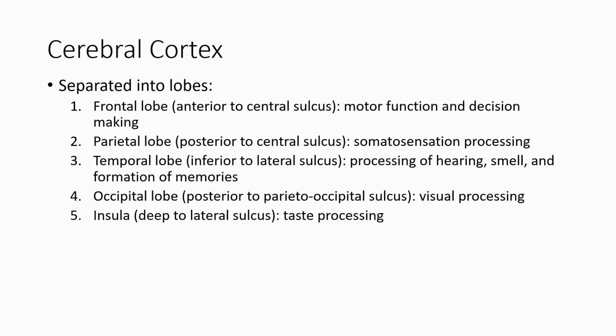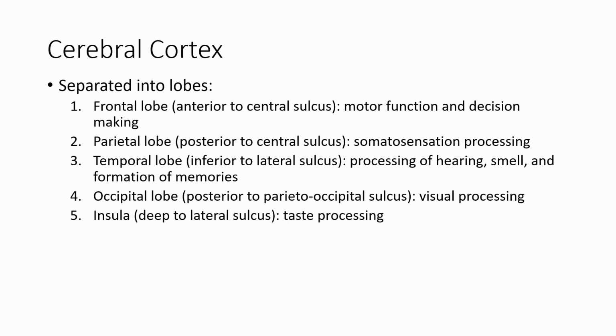All right, now I mentioned it just previously in this video, but we're going to talk about it again because I didn't really talk about what it is. But we have different lobes. I mentioned it when we were talking about the different sulci, the central sulcus and the parieto-occipital sulcus and all that, right? But we didn't actually really address them.